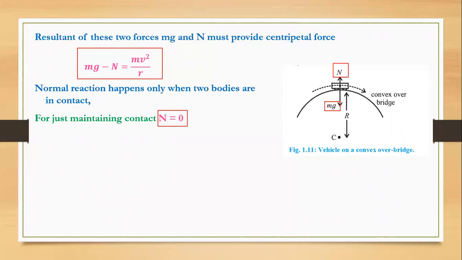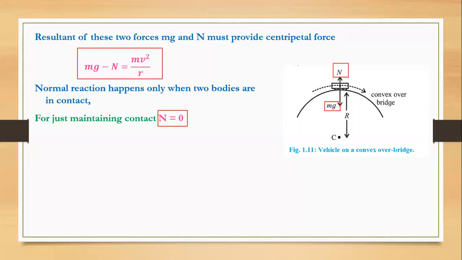We already learned vertical circular motion. So this is the minimum value at the highest point, or at the convex over bridge. The normal reaction must be minimum. How minimum, how much is it? It is zero. For just maintaining the contact, normal reaction is zero.